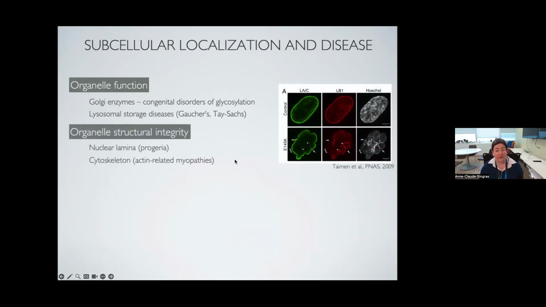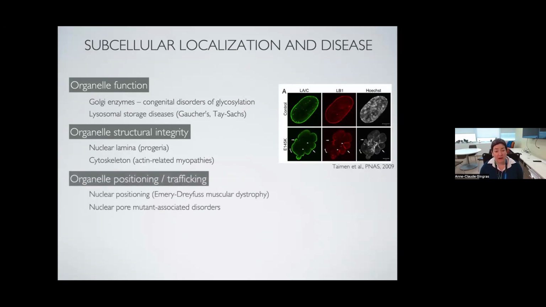But the structural integrity of the organelle itself is really important. For example, mutations that underlie progeria disrupt the structure of the lamina, and there are also many myopathies associated with cytoskeleton deregulation. Positioning and trafficking is also really important, and disorders such as Emery-Dreifuss muscular dystrophy are caused by problems with nuclear positioning.